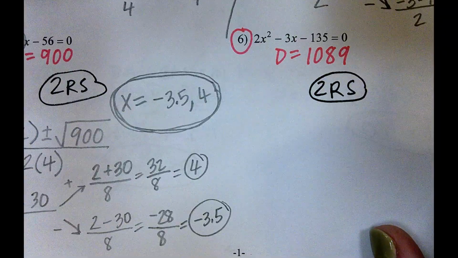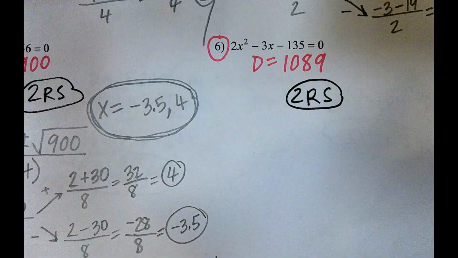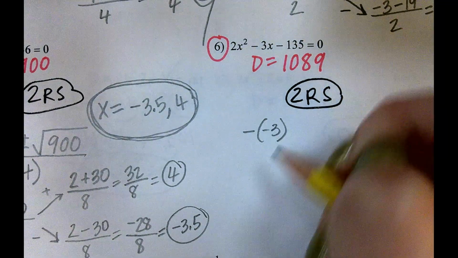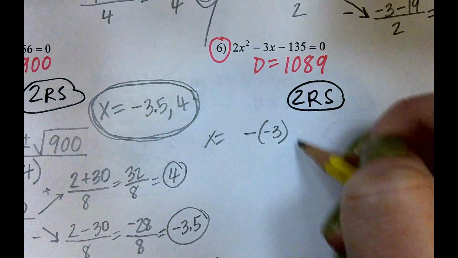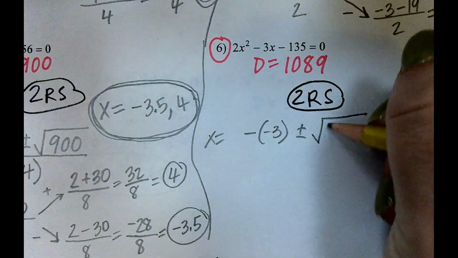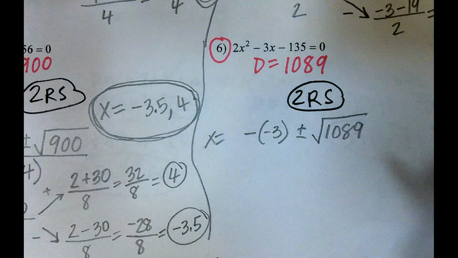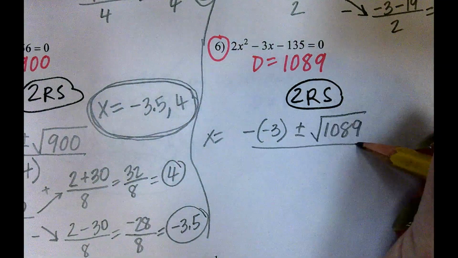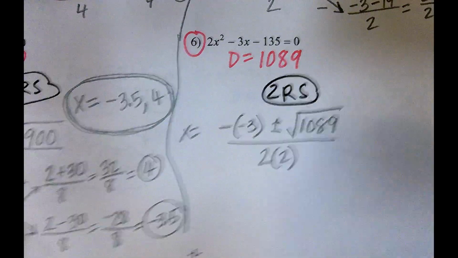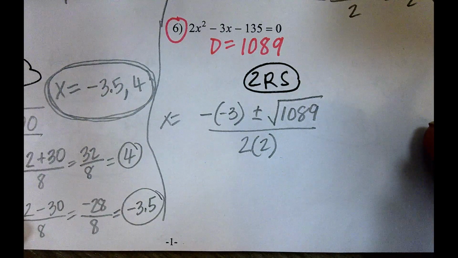Okay, negative parentheses negative 3, plus or minus the square root of 1089, over 2 parentheses 2. Yes. So I split it up from there.